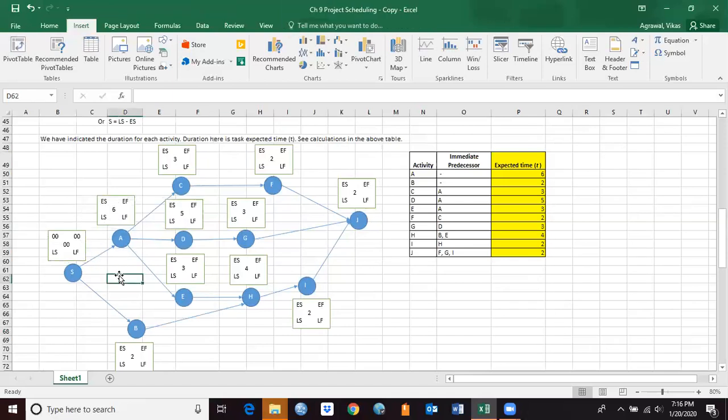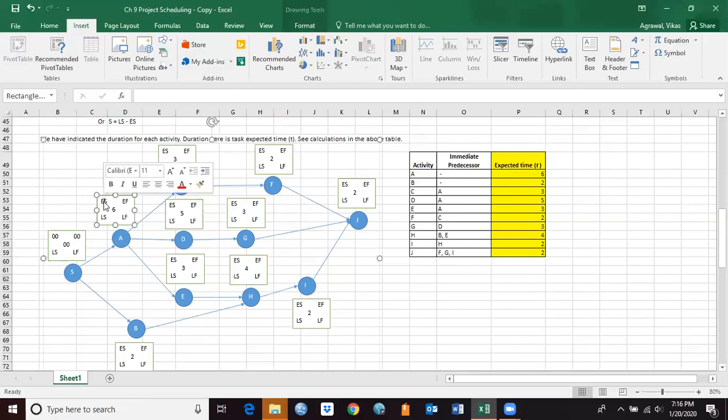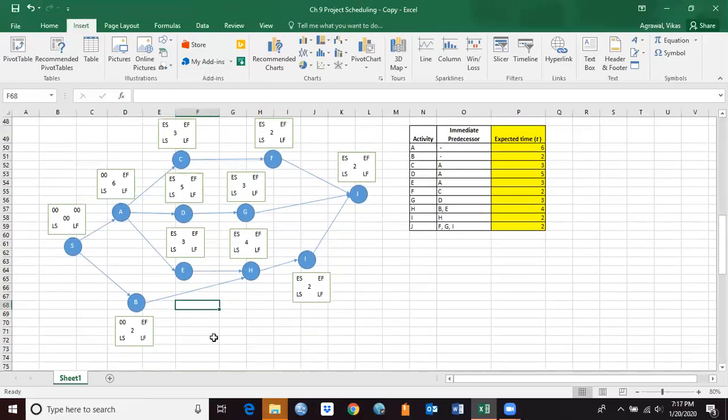Since this activity early completes at 0 time, that means I can start this activity at 0 time. I can also start this activity at 0 time, because it tells me that as soon as activity S is done, I can start activity A and B, and we know that activity S is a dummy activity.